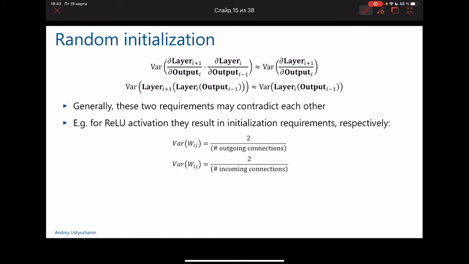In general, those two requirements may contradict each other. For example, for ReLU activation, the resulting initialization requirement is inversely proportional to the number of outgoing connections and not to the number of incoming connections.